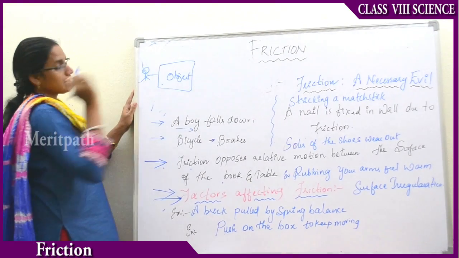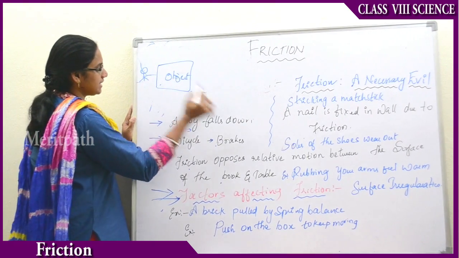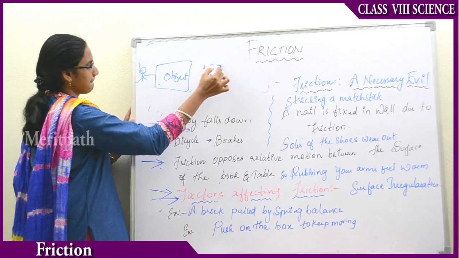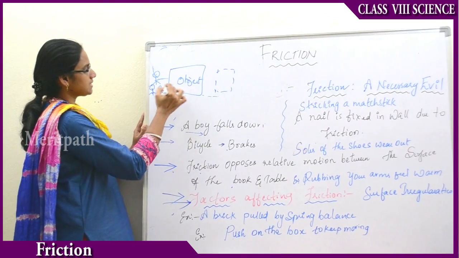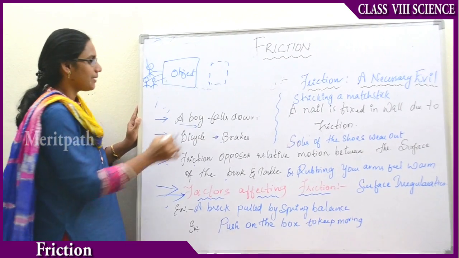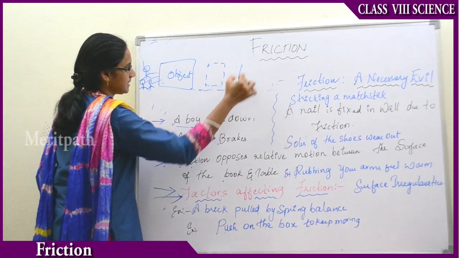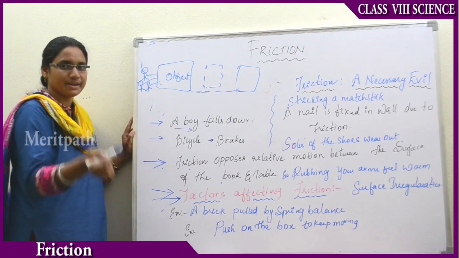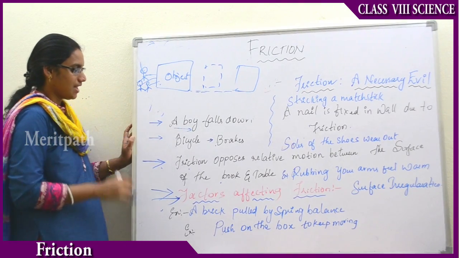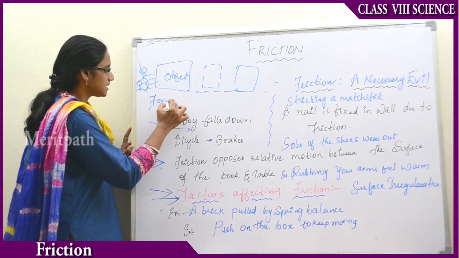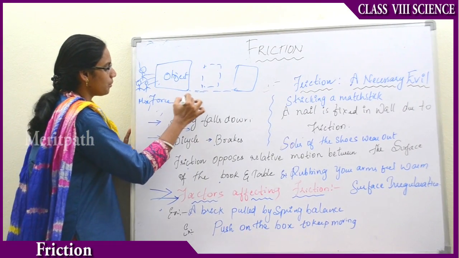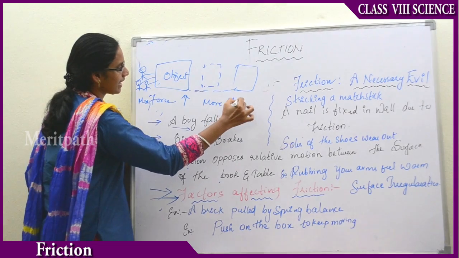One person applies force, and it moves a certain distance, right? And when two more persons apply force on this object simultaneously, at the same time, then it moves more distance and at very high speed. This is known as what? More force, more movement, right?